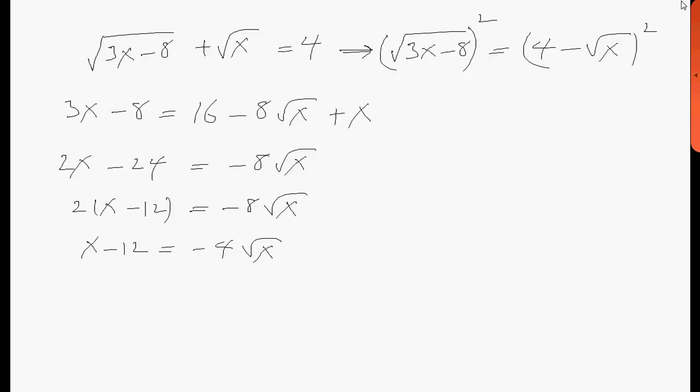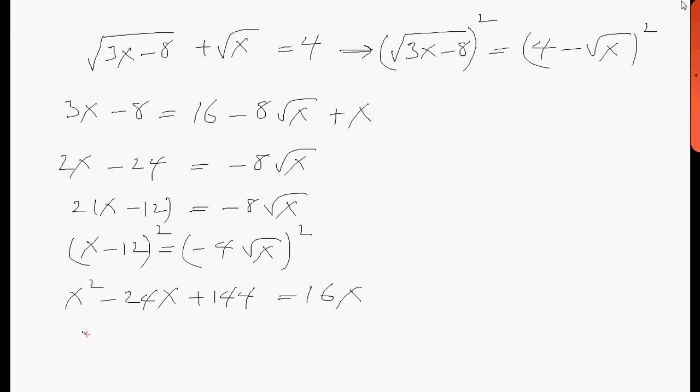Okay, now that I have my radical isolated, I raise both sides to the power of 2. This gives me x squared minus 24x plus 144. This other side to the power of 2, negative 4 to the power of 2 is 16, and radical x to the power of 2 is just x.